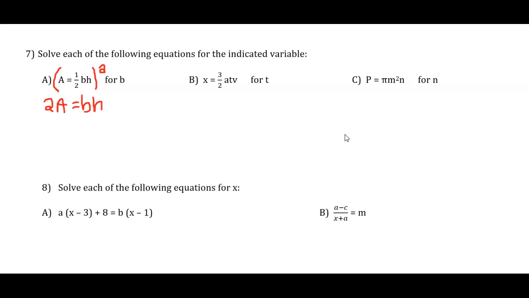So you get 2A equals BH. And then to get B by itself, H is being multiplied, so we divide. So you get B equals 2A over H.